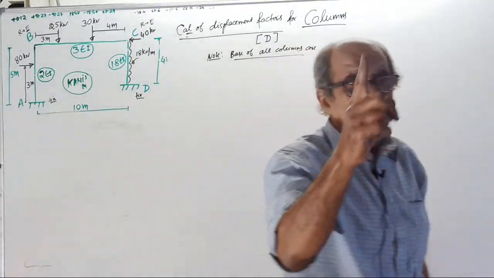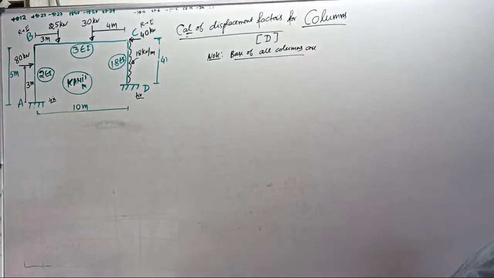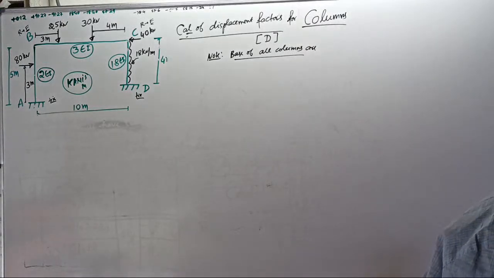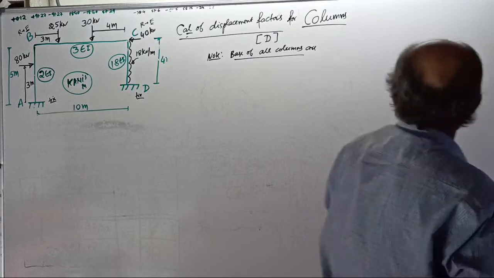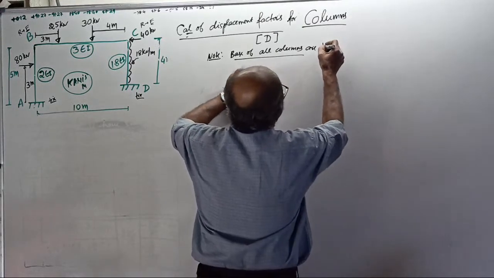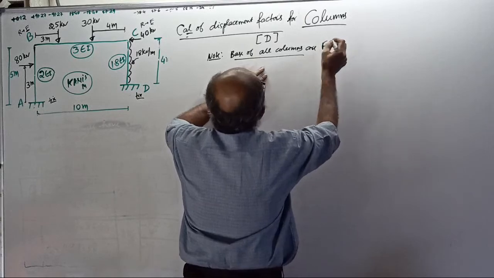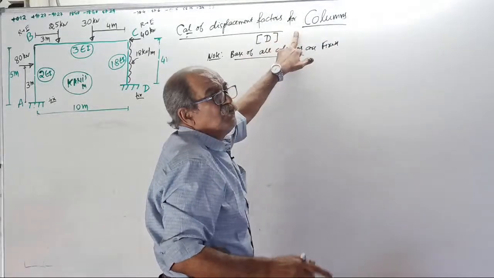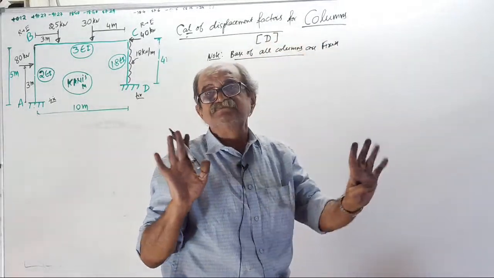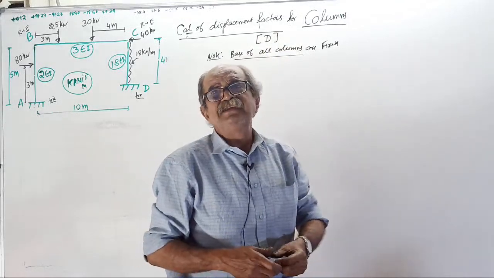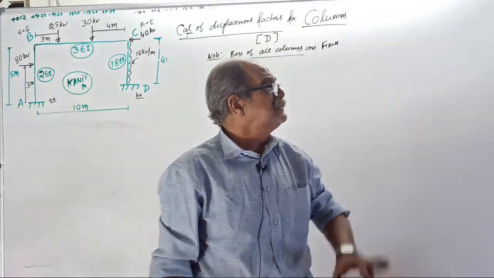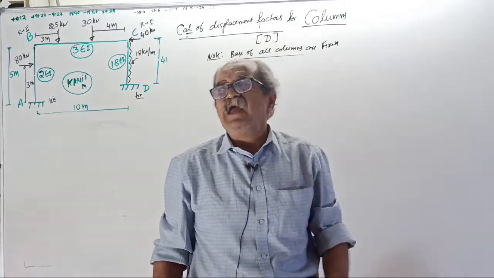The base of all the columns are fixed. So now I am proceeding further for finding displacement factor when the column base is fixed. Practical knowledge, hinge is not required, but still in the derivation I will do with hinges.